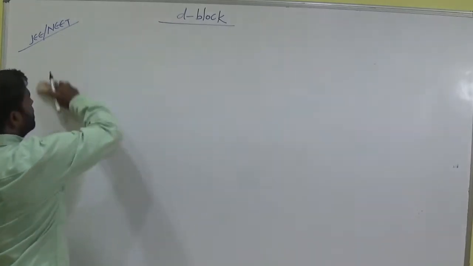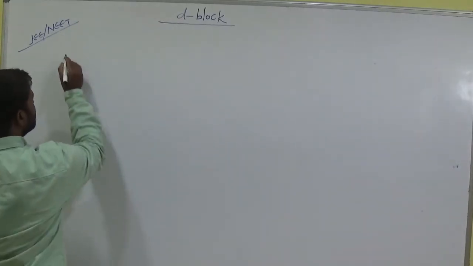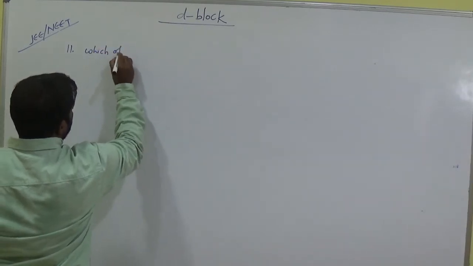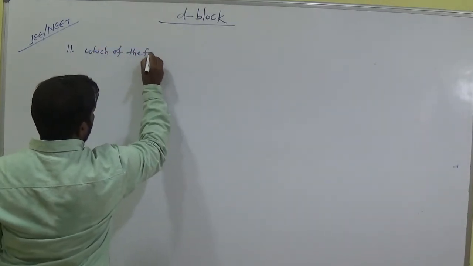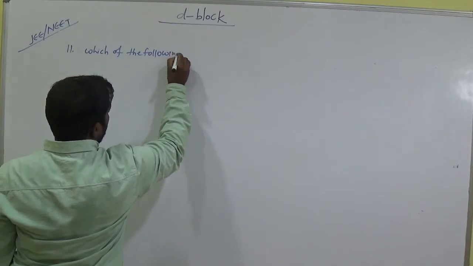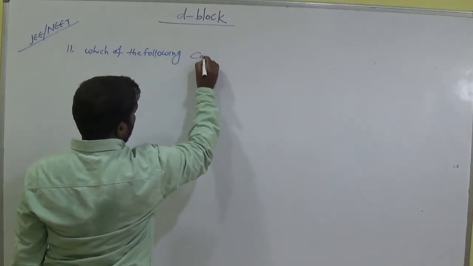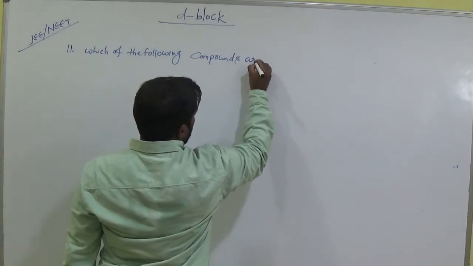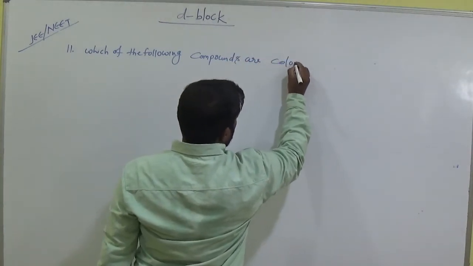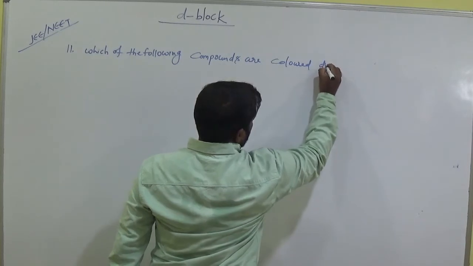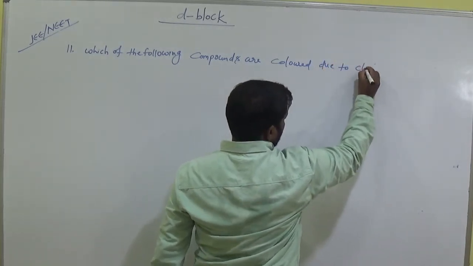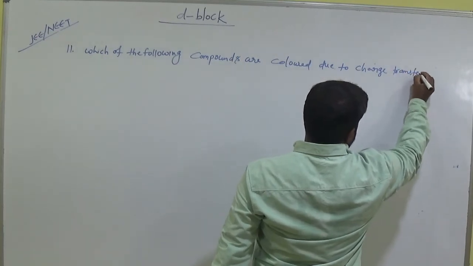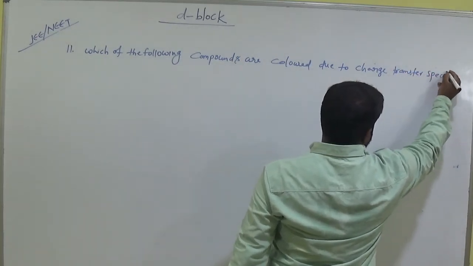And see the next one. Which of the following are colored due to charge transfer spectra?